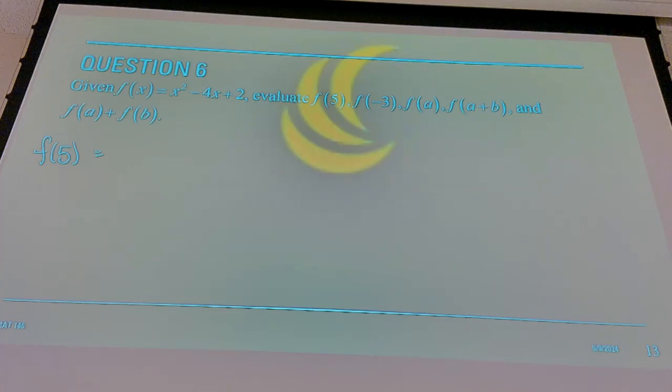The function is a rule. So the function f is telling you to do something to your input. It tells you to square it, subtract 4 times the input from it, and then add 2. The input in this case is 5.